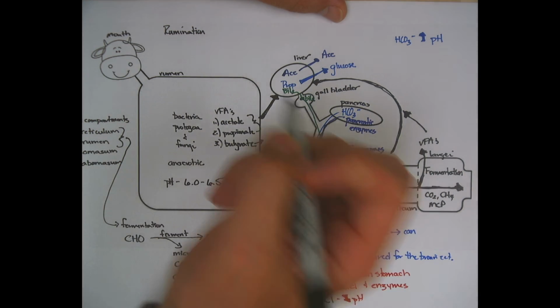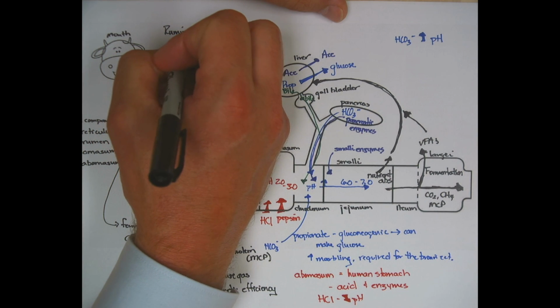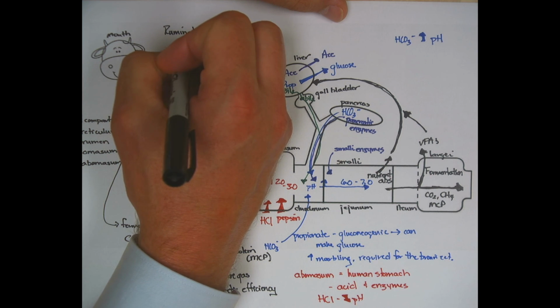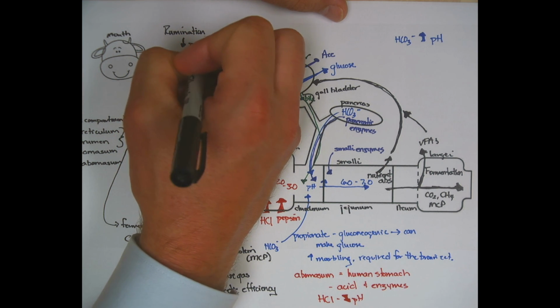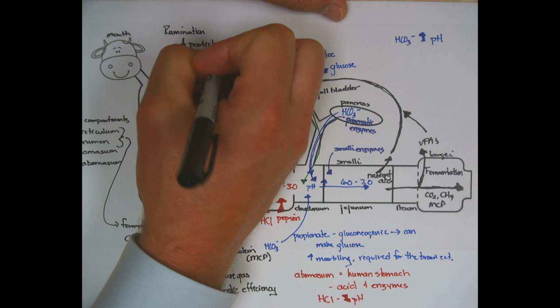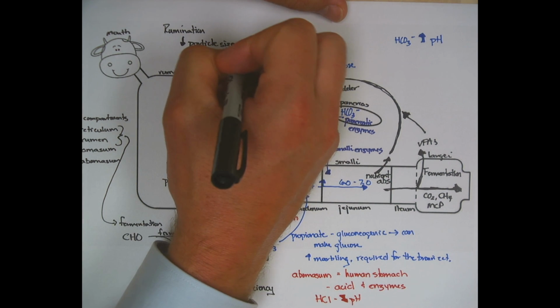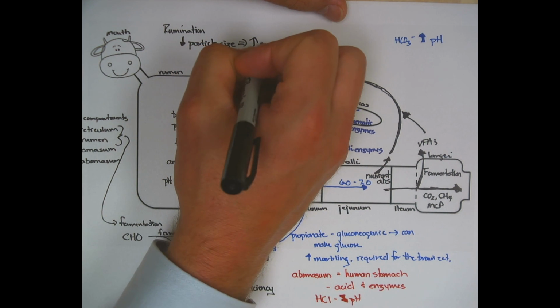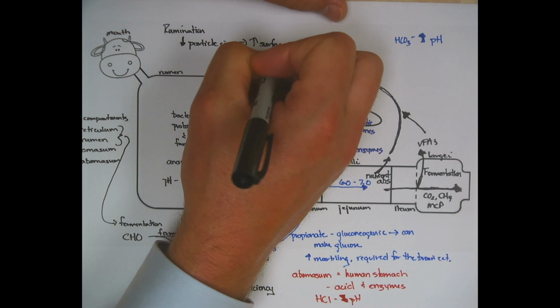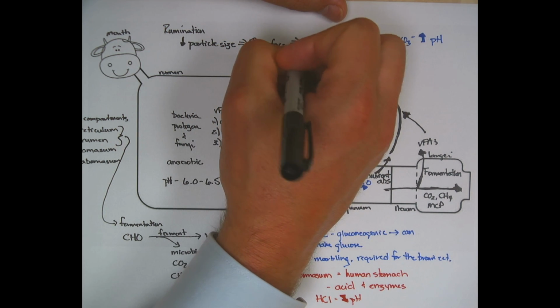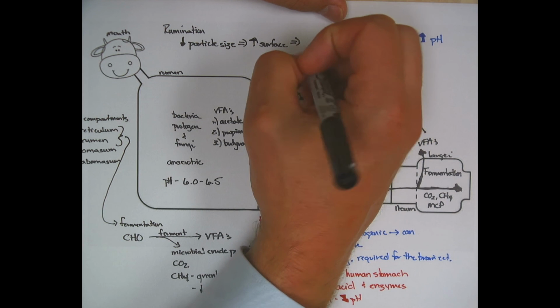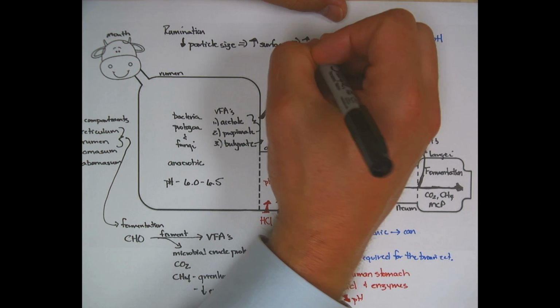And the reason we like to have rumination occur is it decreases particle size, and that results in increased surface area, which increases digestion.